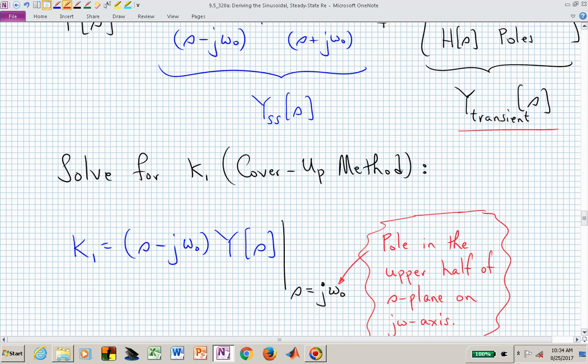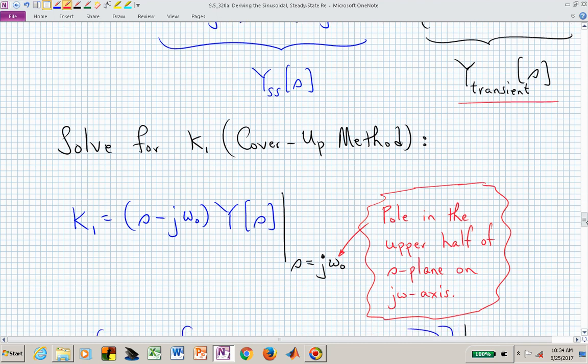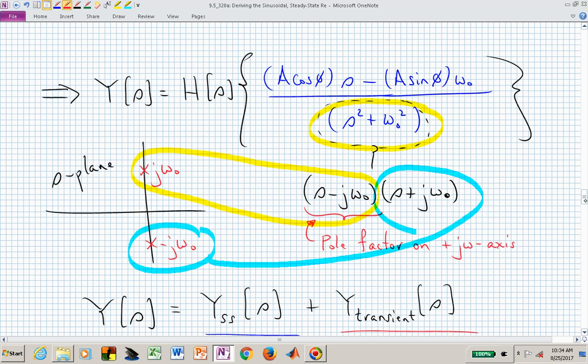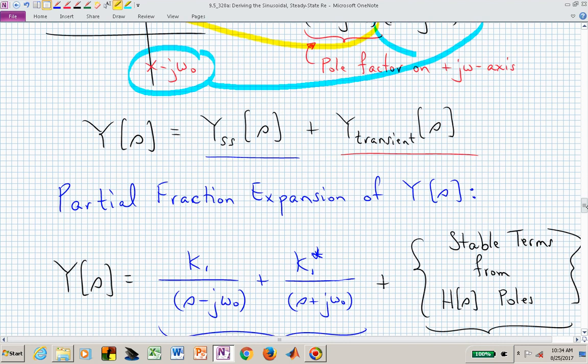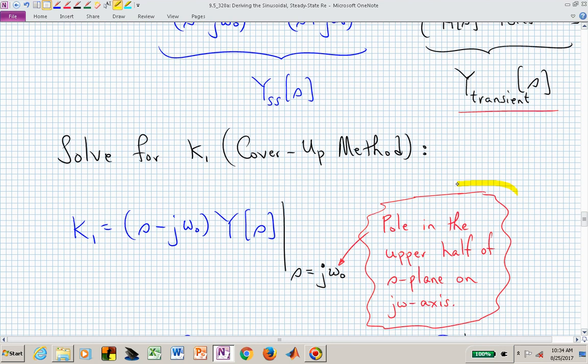Those all vanish, and we're just left with s minus j omega naught times Y of s, and we want to now evaluate that at the pole in the upper half plane. We're evaluating it here. That's where we are evaluating with our cover-up method.